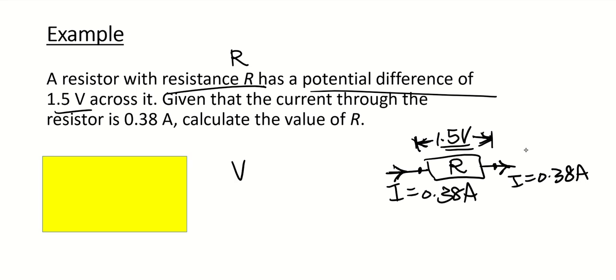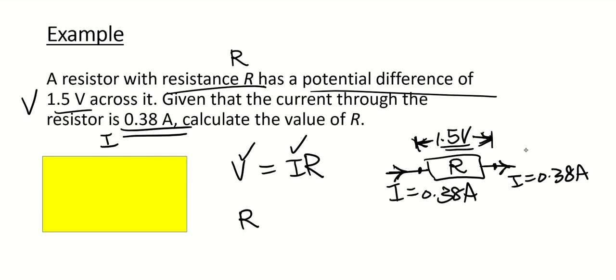By using V equals IR. The question gives us I, and V is also given. So by rearranging, R equals V over I, right? Because now I is multiplied to R, and I want R to be alone, so I need to bring I over to the other side. That means I will become the denominator.